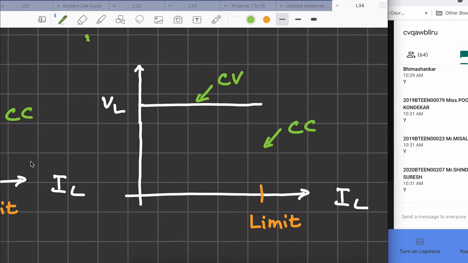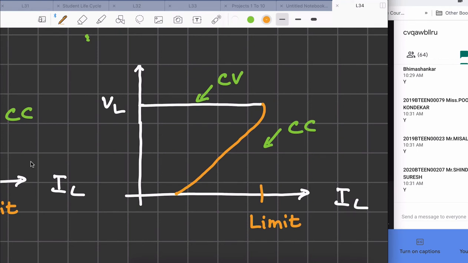So when the current limit is crossed, instead of keeping the load current constant, the power supply reduces the current and voltage at the same time. So it becomes like this.